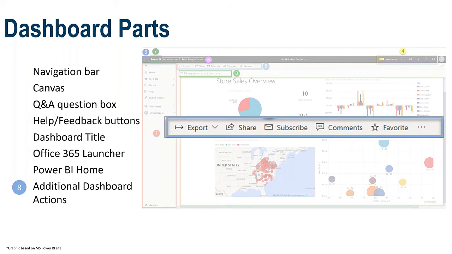So these are changing constantly. So the cool thing about Power BI is Microsoft has invested a lot of money into this, and they really want it to succeed. So they are constantly doing releases for new features that they're adding.